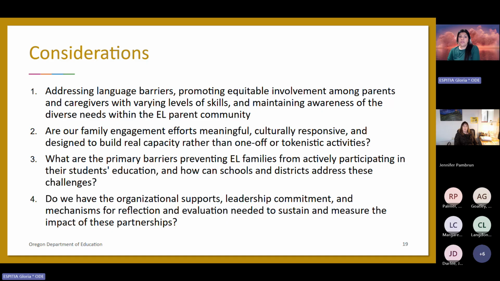Remember that family involvement needs to be intentional. It's not rushed. There needs to be work done to build trust, especially with historically harmed communities. There should be transparency about what we can and cannot do, and feedback loops to students and families will be important in shaping that trust.